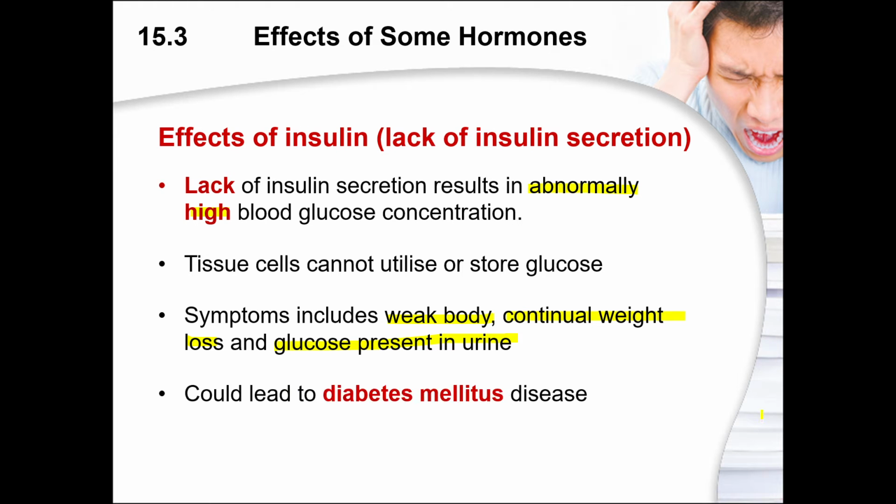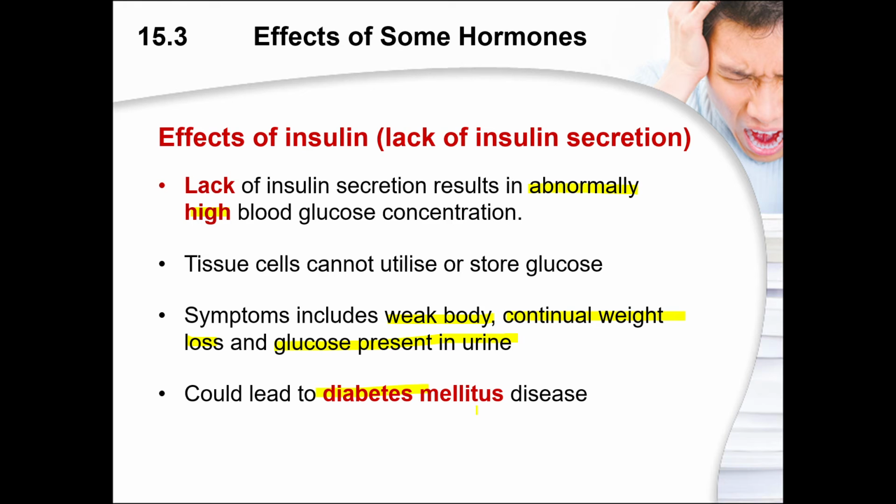Okay, and this is the common known illness known as diabetes. Okay, so diabetes is caused by two reasons. So there are actually two kinds of diabetes. What you're reading in this slide is known as the type 1 diabetes, where the person just is born with the genetic disorder of not being able to secrete enough insulin.